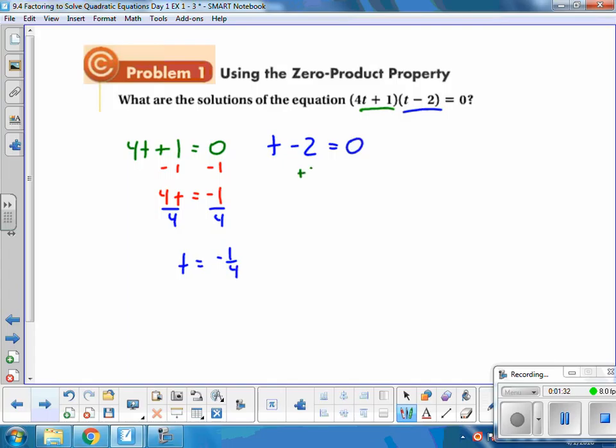Solve this guy. So you can see that our two solutions are going to be negative 1/4 and 2 would be the two solutions to this quadratic equation.